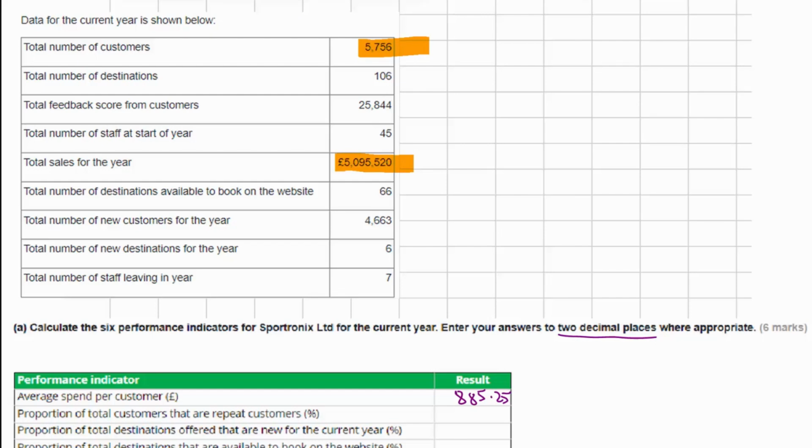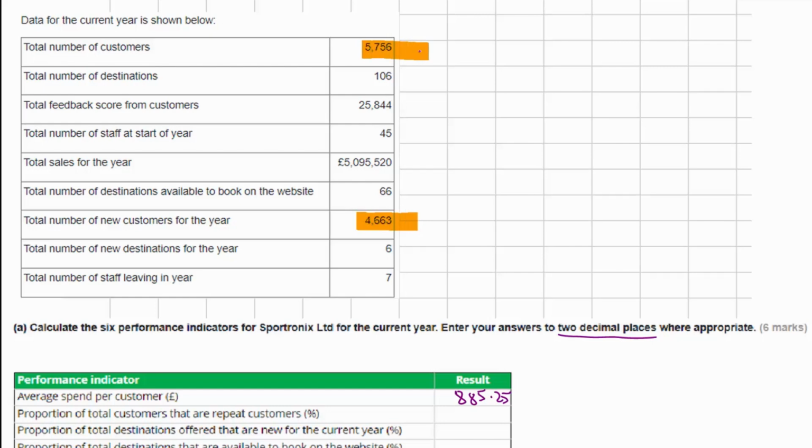So the next one it asks for is the proportion of total customers that are repeat customers. So we're given the data. We're told that the number of new customers is 4,663 and the total number of customers is 5,756.